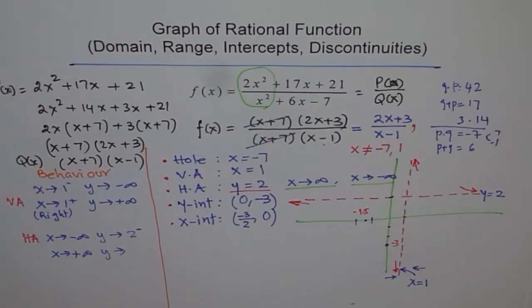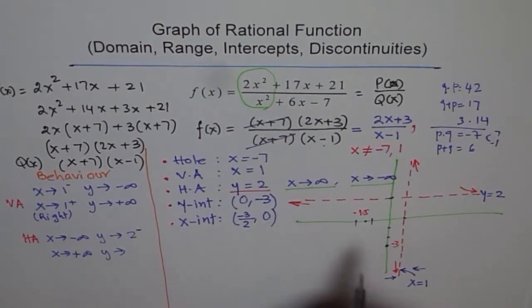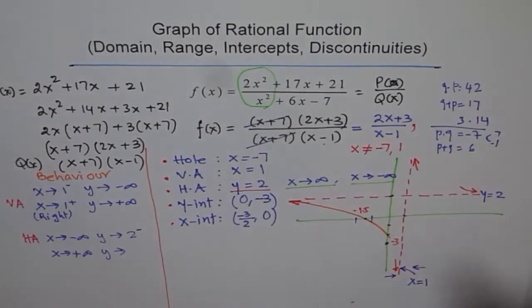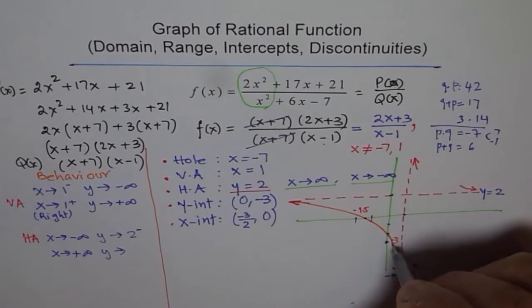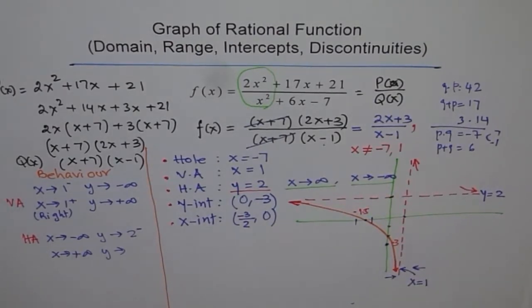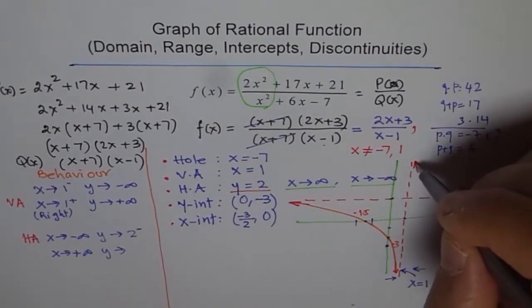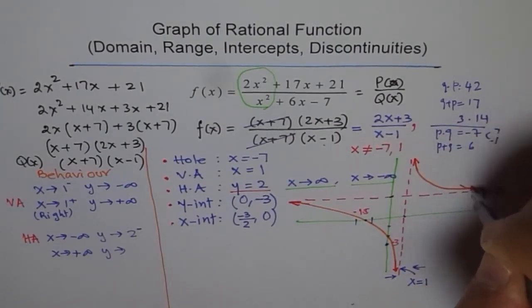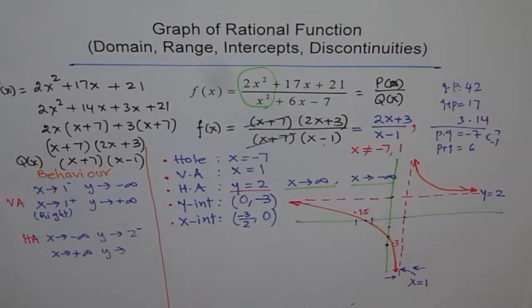Let me draw this graph now. We get a graph like this, going down, and then we can connect these points with a smooth curve. So that is the left side of the vertical asymptote, and we find all the way it decreases, correct? And now this graph, we can join like this and then draw like this. That's our graph on the right of the vertical asymptote.